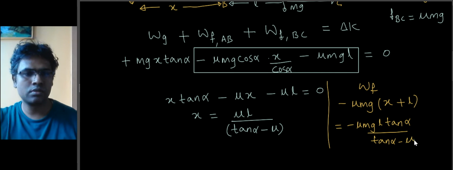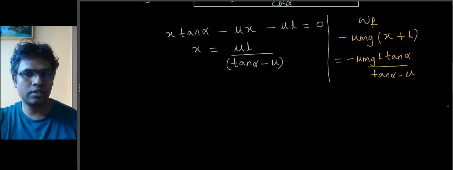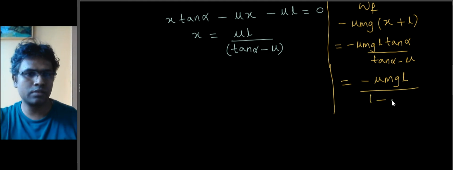So I think the answer expected by the author is in terms of cot. All we can do here is just divide the numerator and denominator by tan alpha, so you will end up having minus mu mg L upon 1 minus mu by tan alpha, which I can write as cot alpha. Okay, so that's the answer.